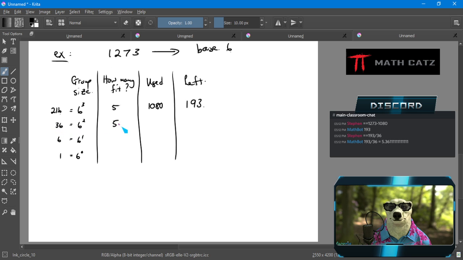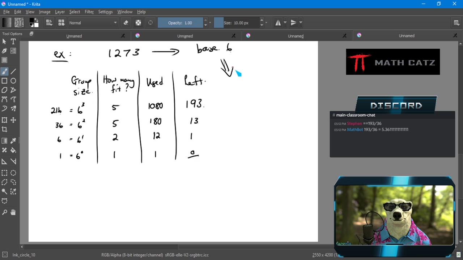5 times 36. I can do some things in my head. 5 times 30 is 150 plus 5 times 6 is 30, so 180. And then we have a measly 13 left. Then I can fit 2 6s in there using 12, leaving me with 1 that the last position can mop up.